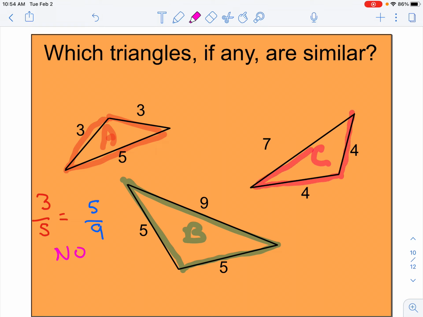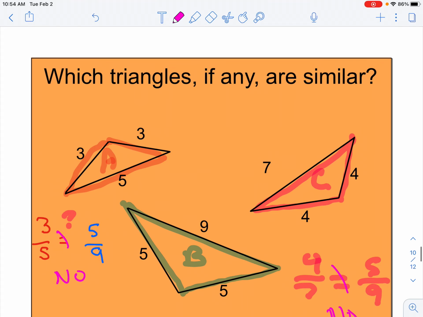Okay, so let's check B and C. C is the ratio of 4 to 7, and is that in the same proportion as 5 to 9? Well, I think that's obvious. That is also no. Okay, so let's check the last ones.